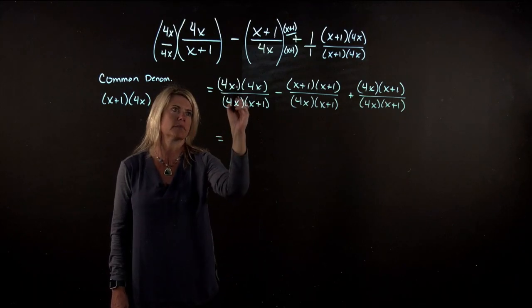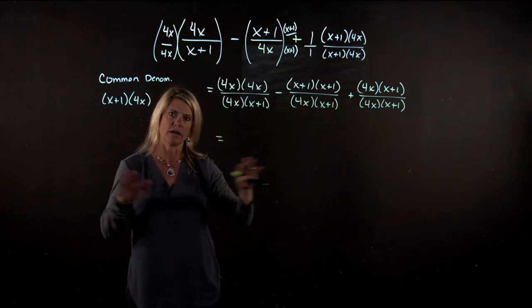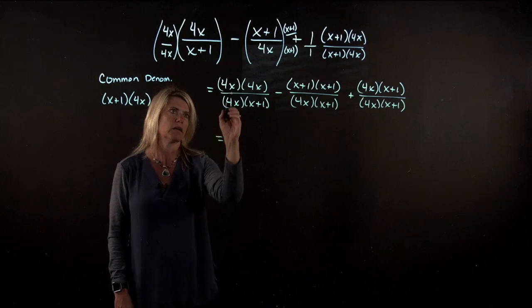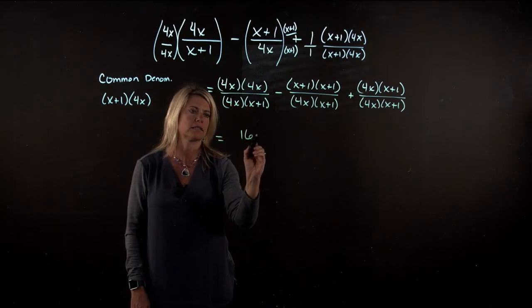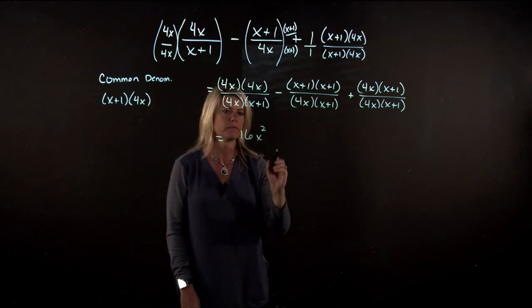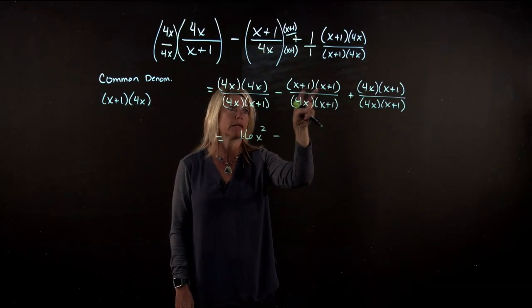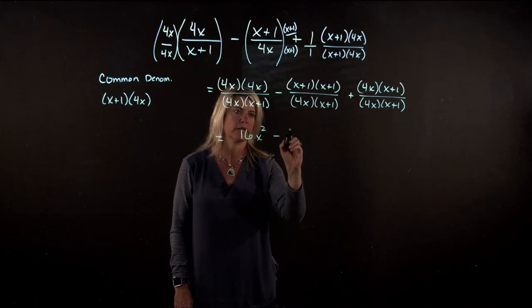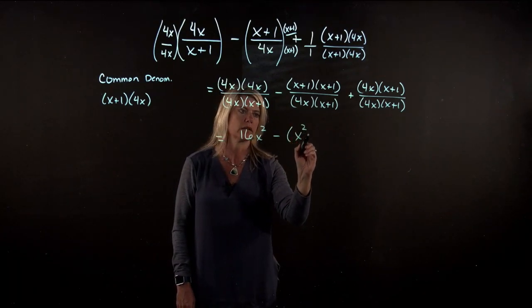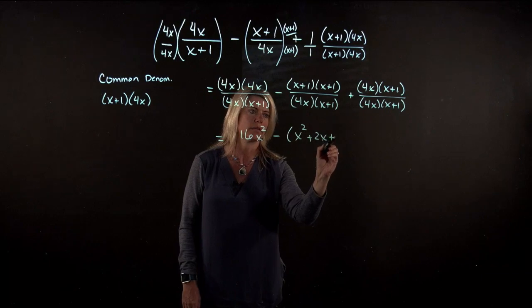So I'm going to multiply out each of the numerators and then write it over one common denominator. 4x times 4x is 16x squared. And we're going to subtract the product here. So when I multiply x plus 1 times x plus 1, it's going to be x squared plus 2x plus 1.